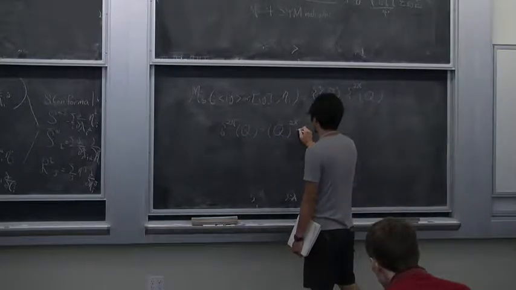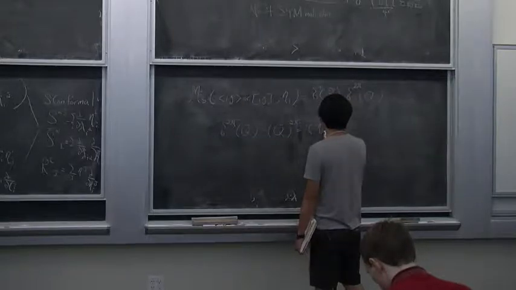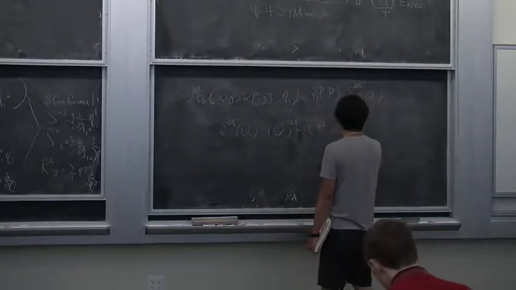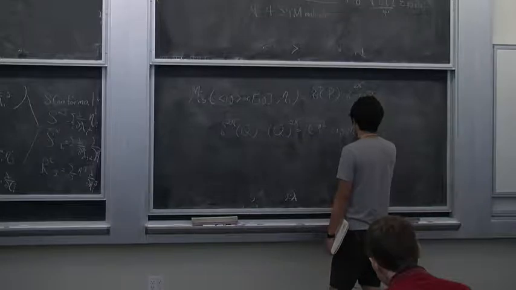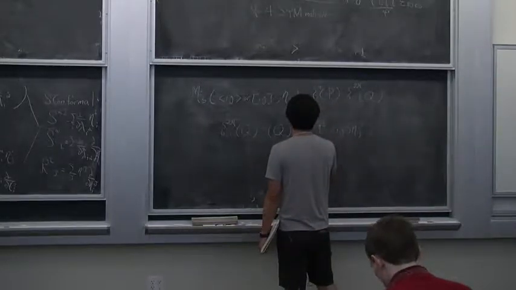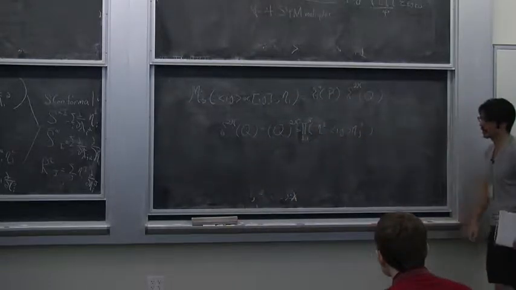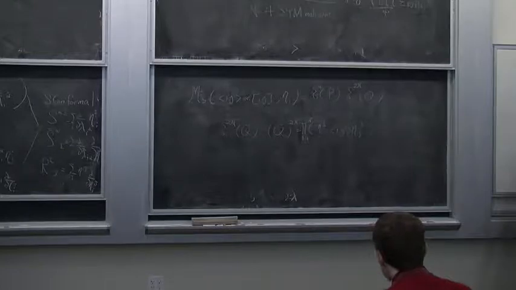So if I write this explicitly out, that just means that I have eta I, eta J, and then I have this as a product of I equals 1 to n. This is what it actually explicitly means if I want to write everything explicitly out.